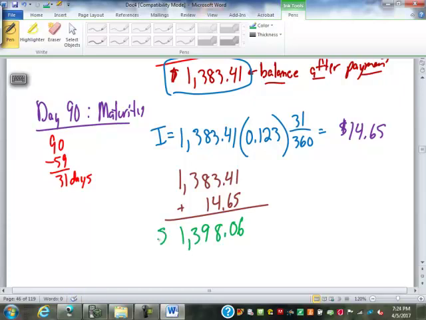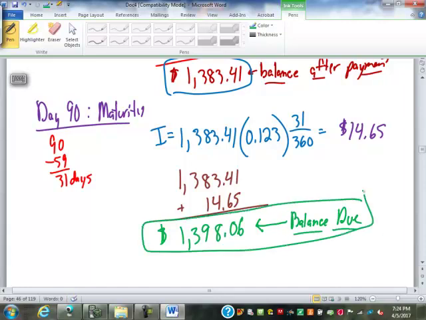It was $1,398.06. That is the balance due at maturity, so that's how much they have to pay on that 90th day.